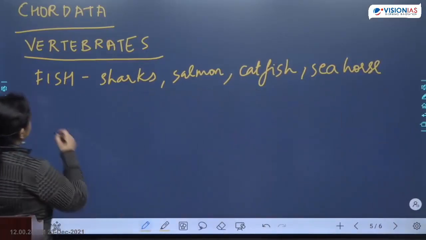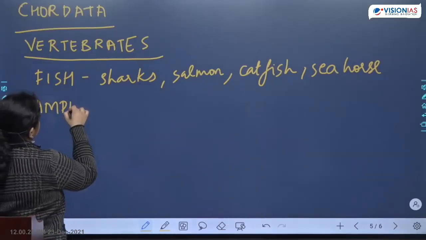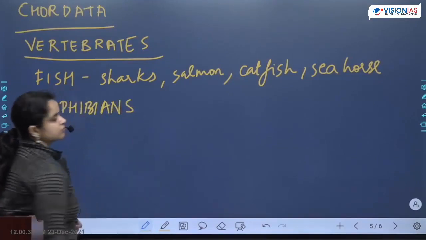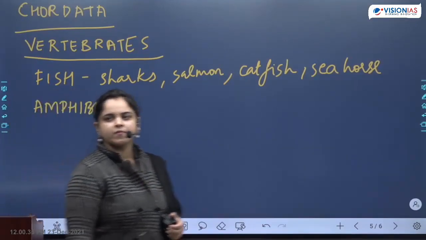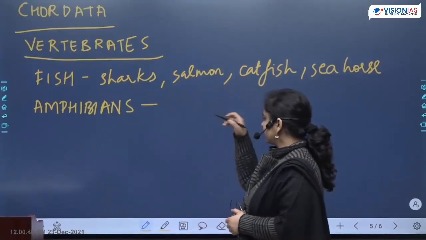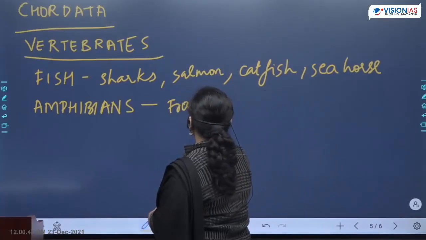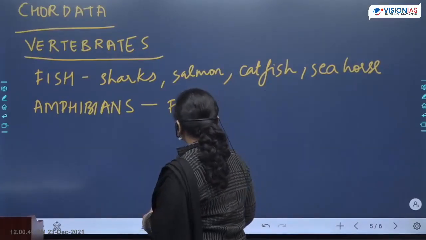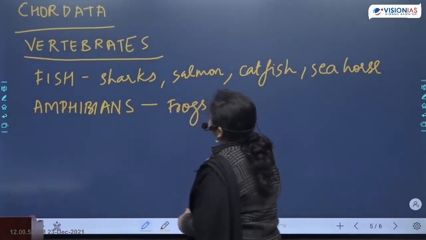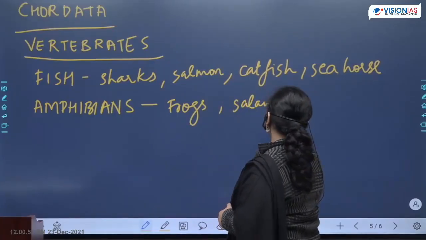After the fish, we had the next group developing, which is amphibians. After fish, we had the amphibians. Here we can have frogs, and salamander.